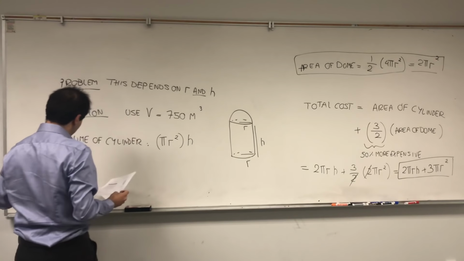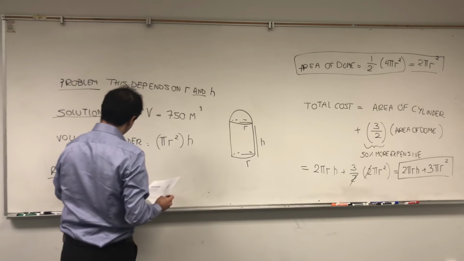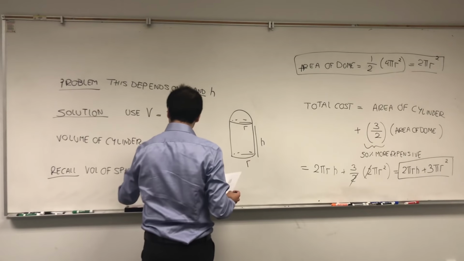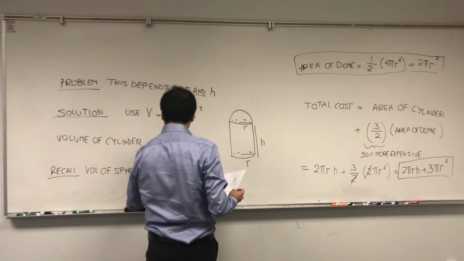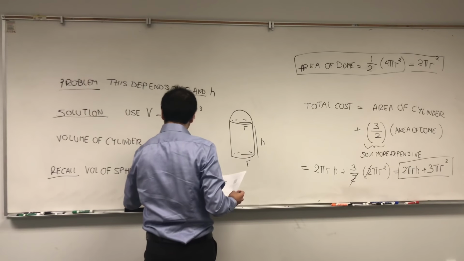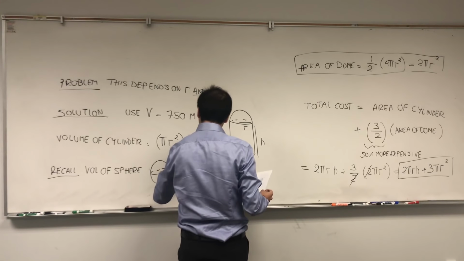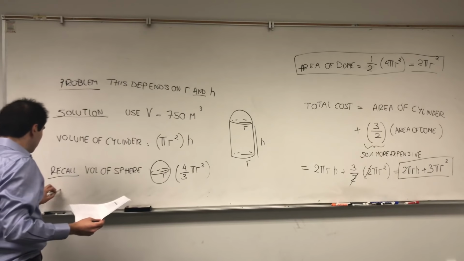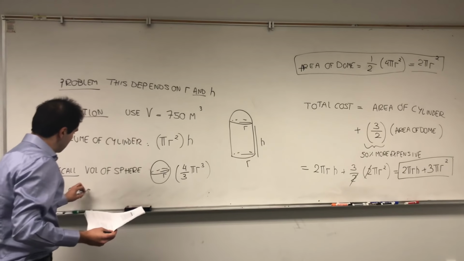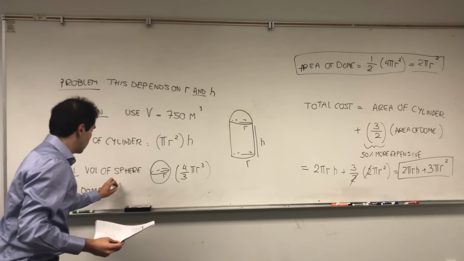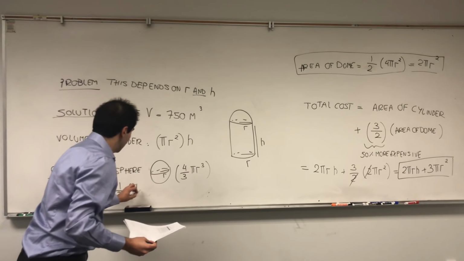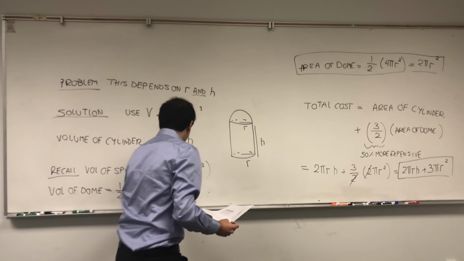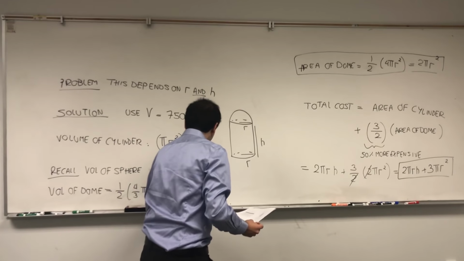The volume of a sphere of radius r is 4/3 pi r cubed. So in other words, the volume of the dome is half that. So 1/2 times 4/3 pi r cubed, and what this becomes is 2/3 pi r cubed.